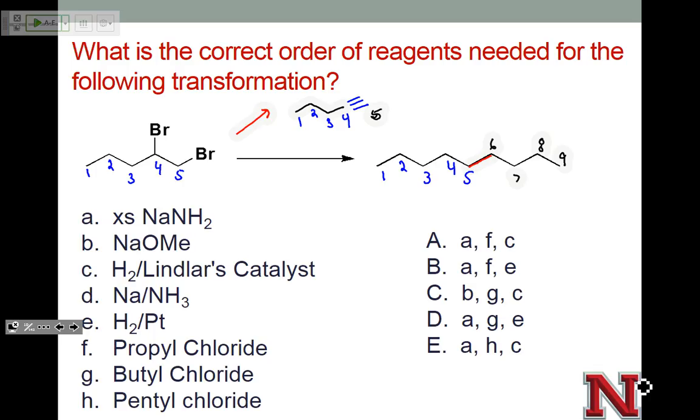We're not really isolating it completely. So again, how many carbons are we adding? 4. So which of our alkyl halides are we using? Butyl chloride, because we're adding 4. So remember, that just means we have 4 carbons, and in this case, we're using chlorine. So that's our 6, 7, 8, and 9.